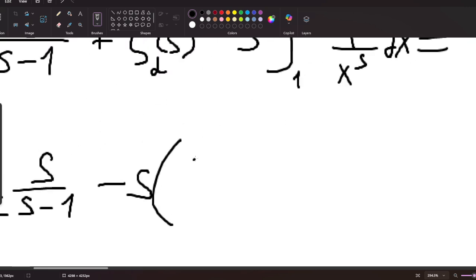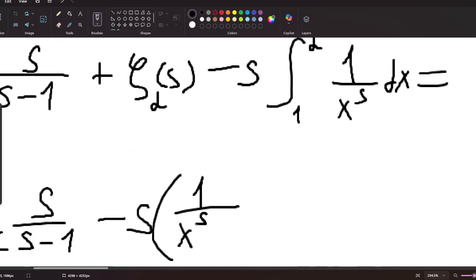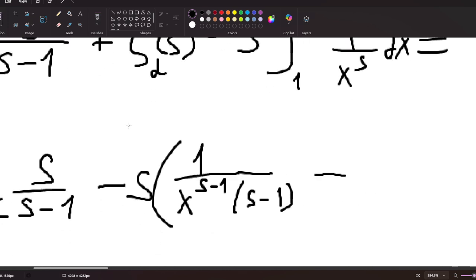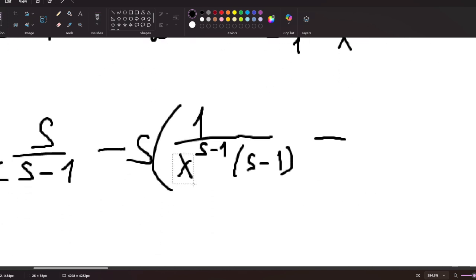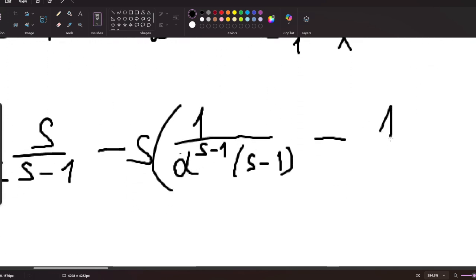It's going to be 1 over x to the power of s minus 1 times s minus 1 in the denominator, minus... Okay, yeah, I always forget to put the bounds here, a and 1, minus 1 over s minus 1.